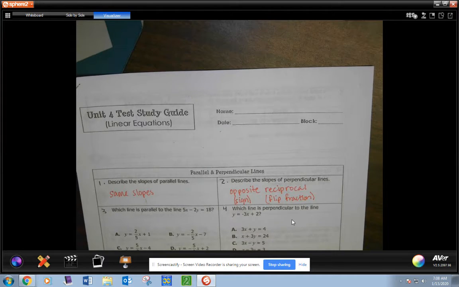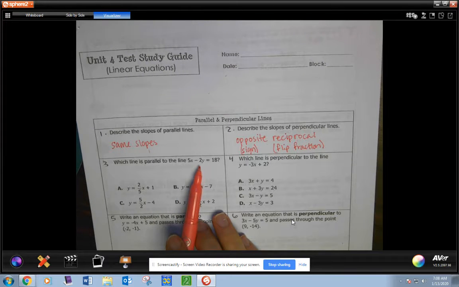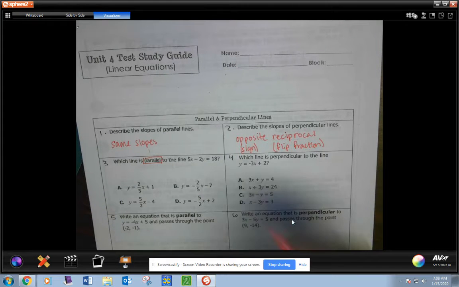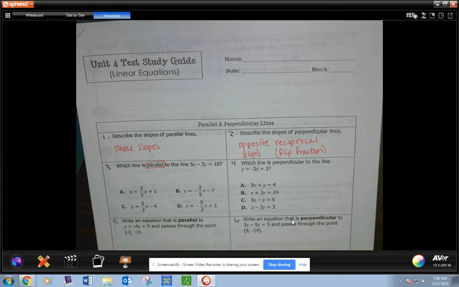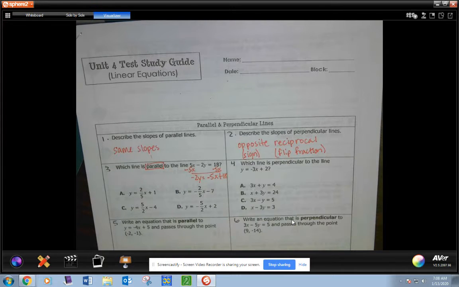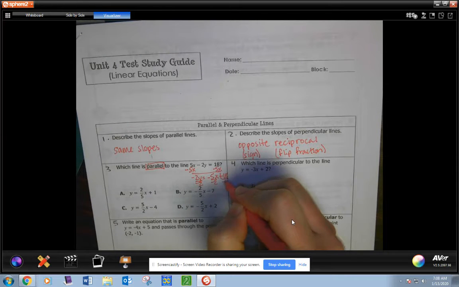Okay, so now which line is parallel to the line 5x minus 2y equals 18? First off, I'm going to box that they want parallel, and I'm going to have to solve this for y equals. So the first thing that I'm going to do is move the x by changing the sign. That gives me negative 2y equals negative 5x plus 18. And then I divide by the number in front of y.